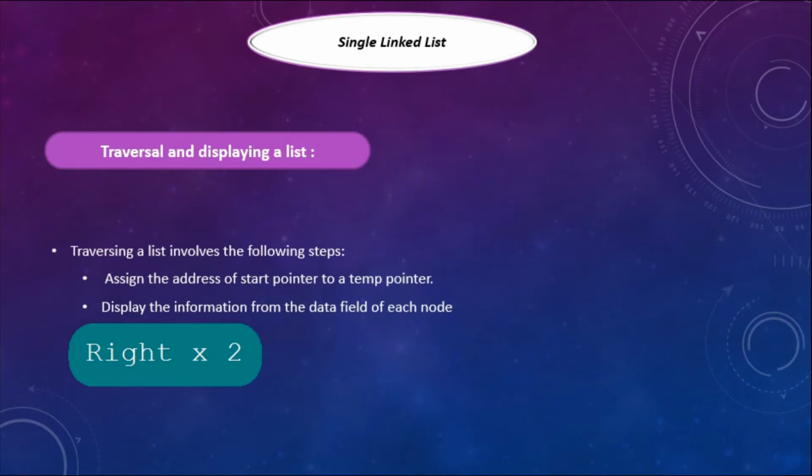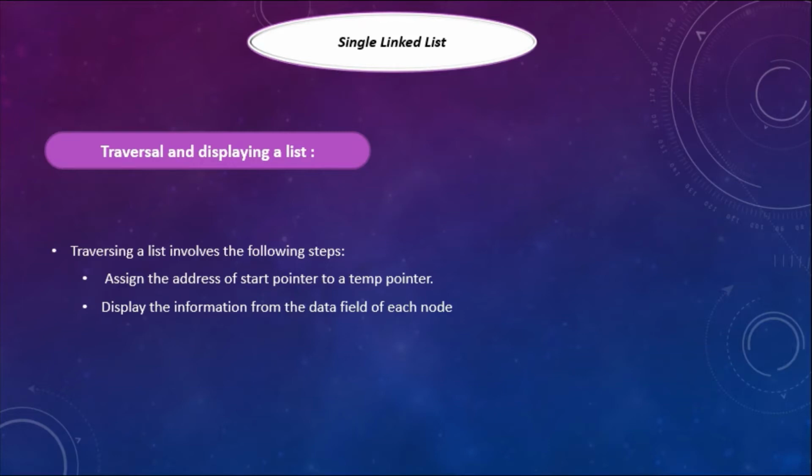Traversing a list involves the following steps: assigning the address of the start pointer to the temp pointer, and after that displaying the information from the data field of each node. We are going to use a function, traverse, for traversing and displaying the information stored in the linked list.